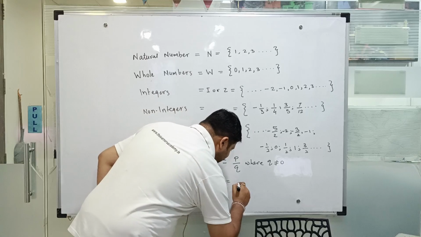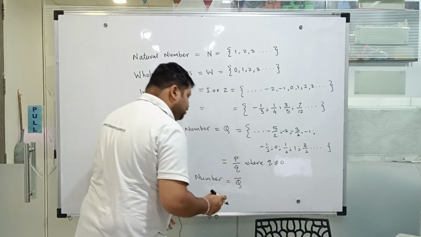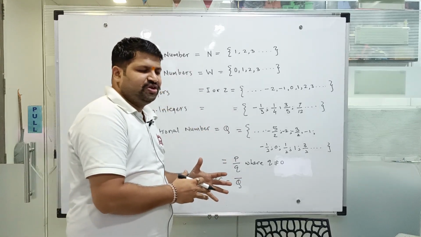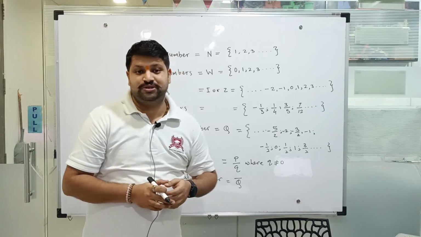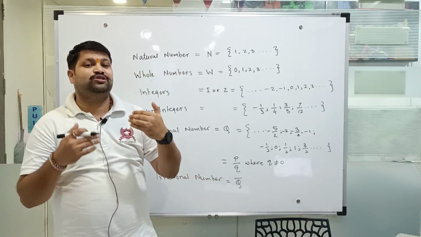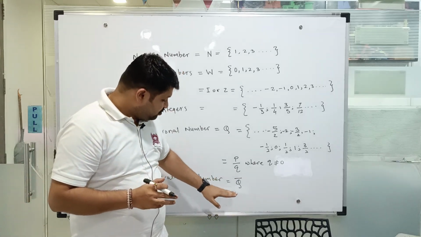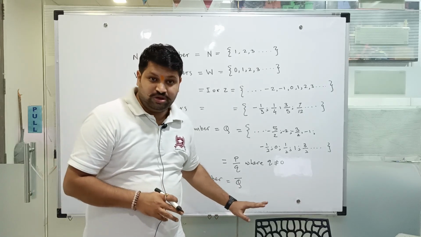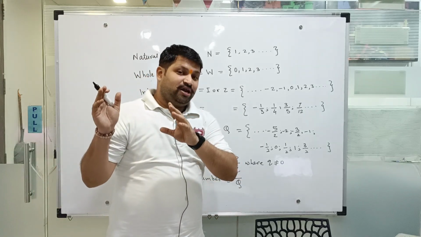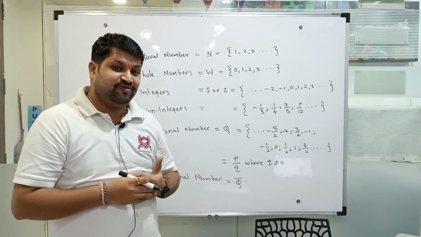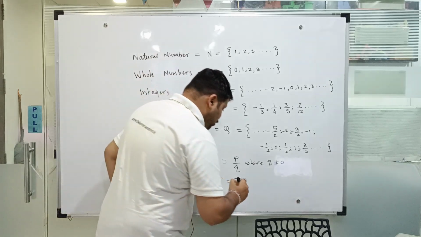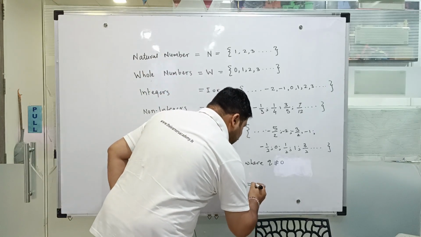Irrational numbers are generally denoted as Q bar. The bar notation is there to define something that is not. So we can say that it is not Q, literally meaning they are not included in the set of rational numbers.